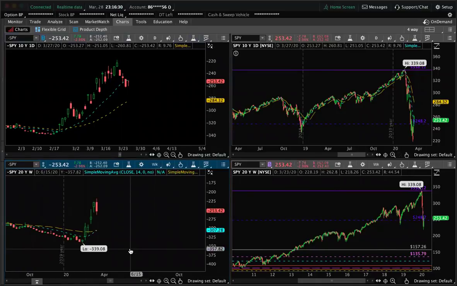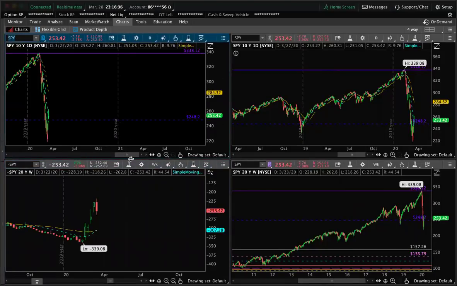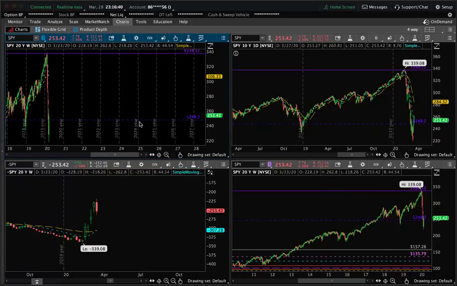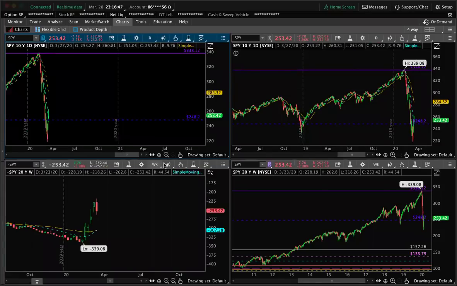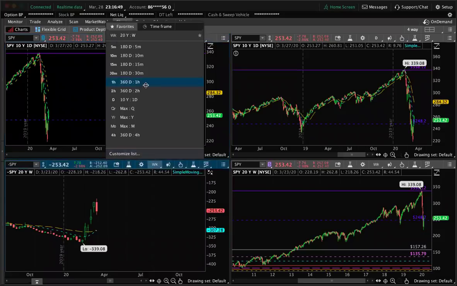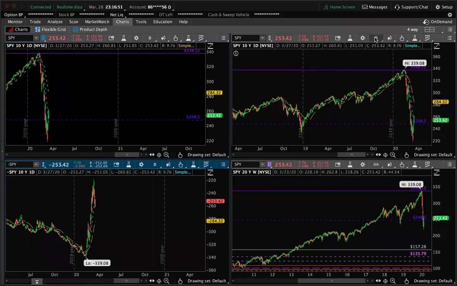I'm thinking to do, actually, all right, let's do regular SPY. So it actually goes according to, there we go. Weekly here, daily here, daily here. All right, I actually like daily on this side and weekly on the other side. So let's do daily, and then weekly.